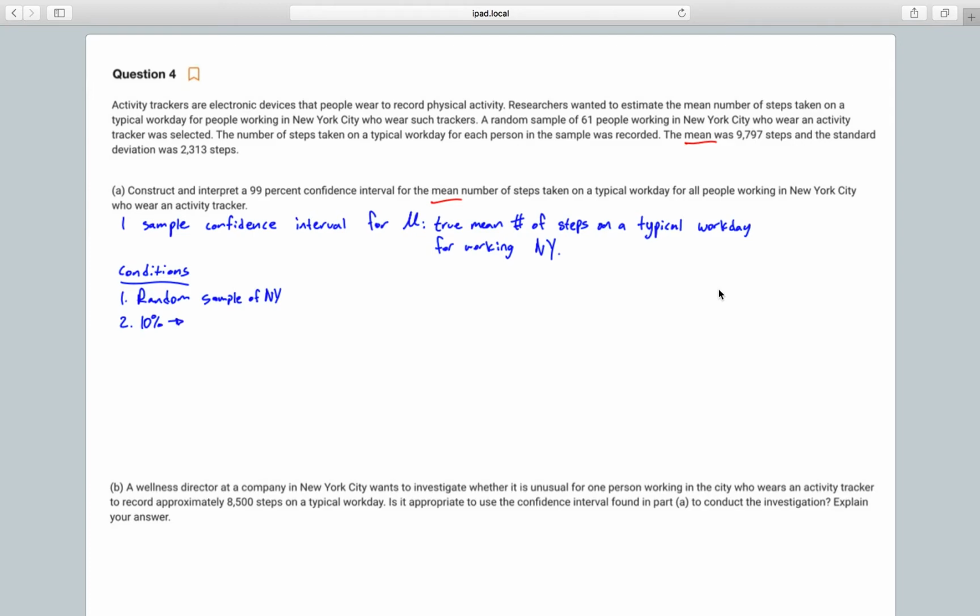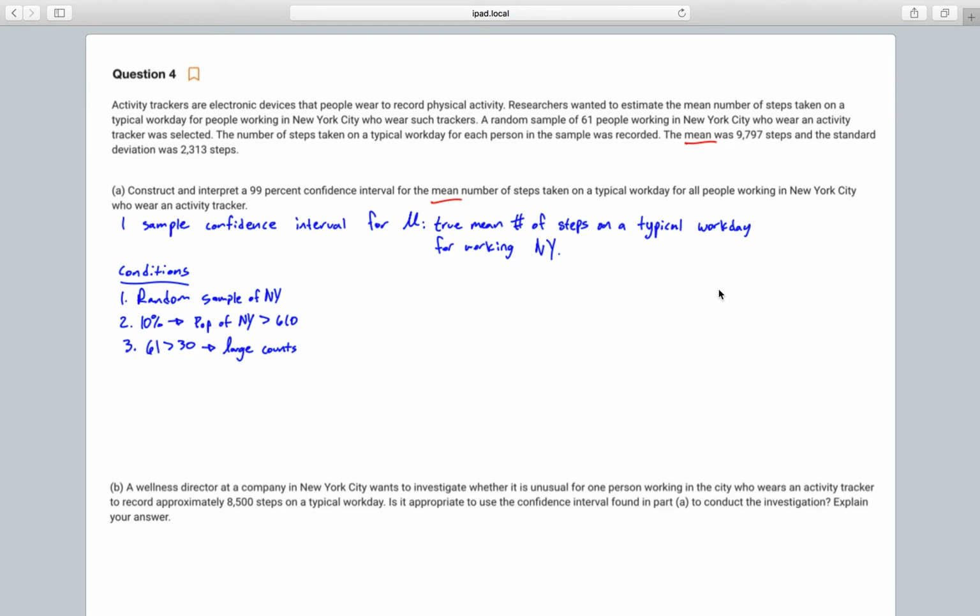So 61 times 10 is 610, so we're going to say the population of New York is definitely greater than 610. And then condition 3 is large counts, and so for a mean, large counts just needs to be greater than 30. So large counts is satisfied. All right, and so once we've done that, we can move on to creating the confidence interval.